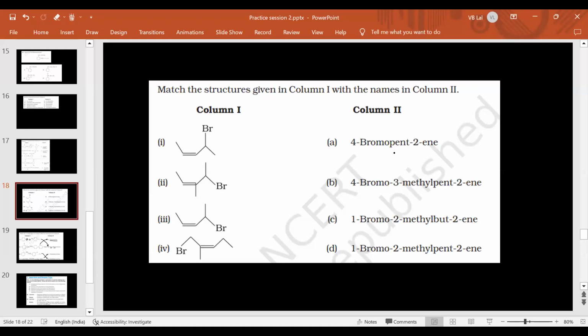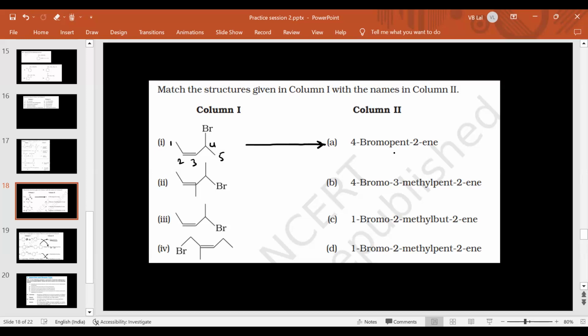Yes, the fourth one. The first one is A. The first one is A, 4-bromo pentene. So this is 1, 2, 3, 4, 5. Right. So 4-bromo pentene. Okay, this is correct.